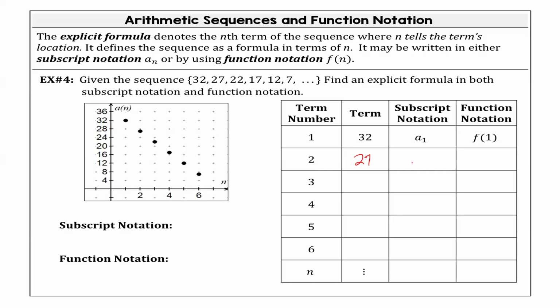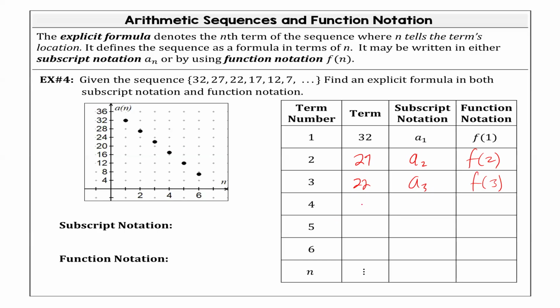And we would write this as A sub 2 or f of 2. Correct? All right. 3. What is the value of 3? 22. So A sub 3 equals 22, or f of 3 equals 22.